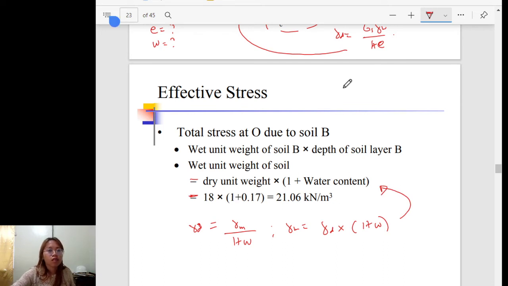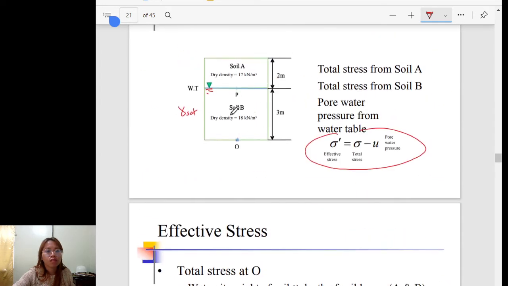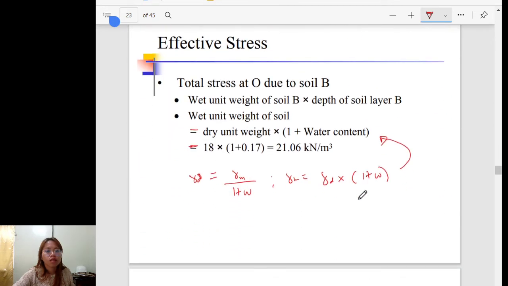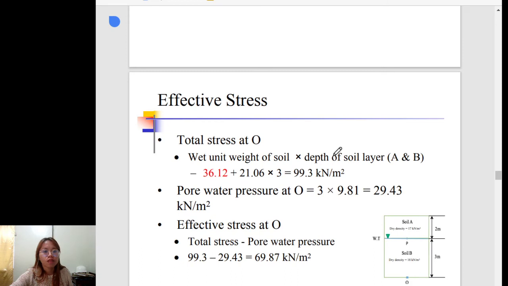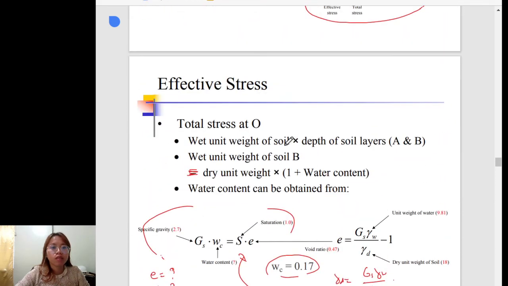So gikan sa water content nga inyong nakuha, which is 17%, then dry unit weight is actually given, 18 kilonewton per cubic meter from the figure, no? 18. So times niyo siya, then you'll get this value of the wet unit weight of the soil at B, soil B. So that to find the vertical stress, the total stress at O is equal to, this is not minus, this is equal to 36.12, which is the weight of the soil.